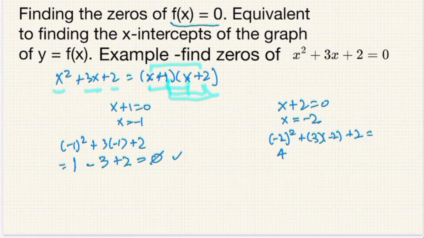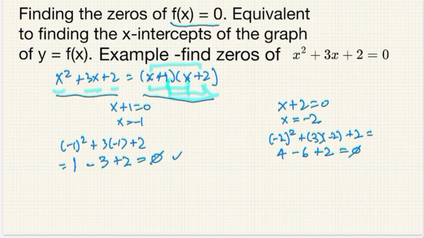Minus 2 squared is 4, and then 3 times minus 2 is minus 6, plus 2. Add those to get 0. So there we did it mathematically. We factored this quadratic equation, found the roots of it, and showed that the roots where f of x is equal to 0 were minus 1 and minus 2.